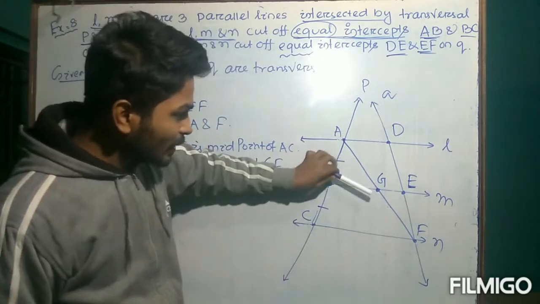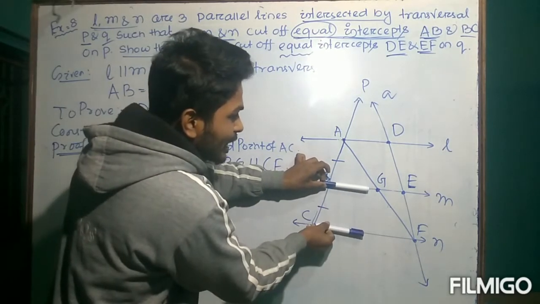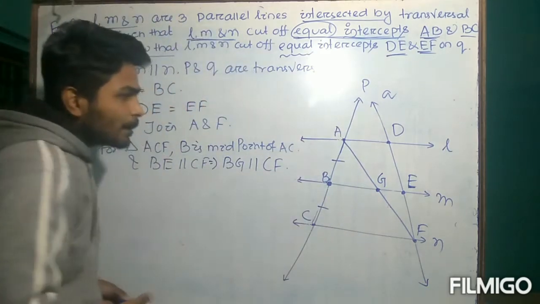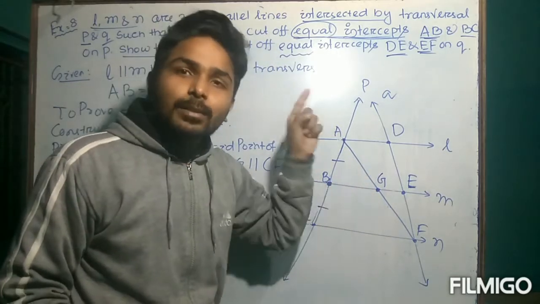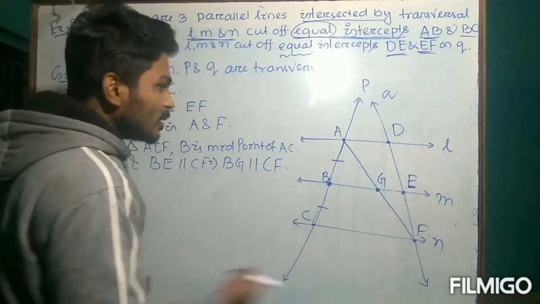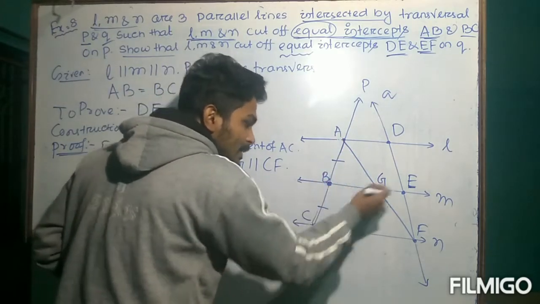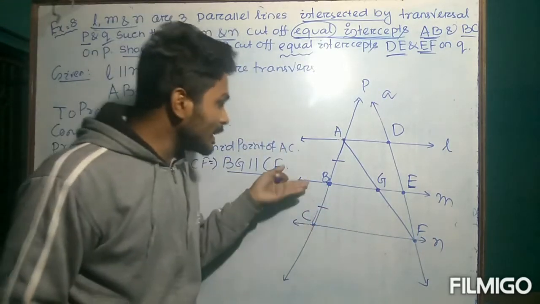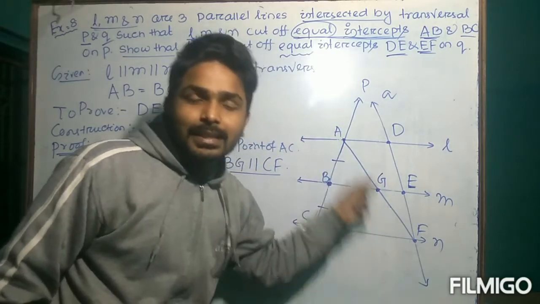If this is a line segment and it passes through the midpoint B, and this line segment is parallel to another side, then according to theorem 8.10, this line segment passes through the midpoint of the third side of that triangle. This is what theorem 8.10 states. So here also BG is a line segment which passes through the midpoint of AC as well as is parallel to CF. So ultimately we can say that this line segment BG passes through the midpoint of the third side AF.